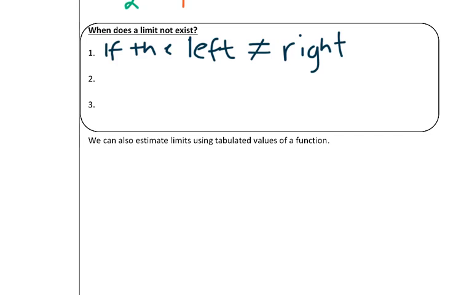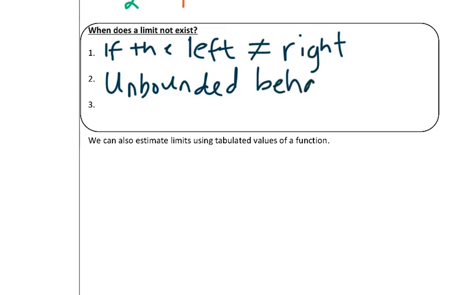There's another example which is called unbounded behavior. So an example of that is like a vertical asymptote. So if I have a vertical asymptote, right, we could have limits going forever, like to infinity, for example.